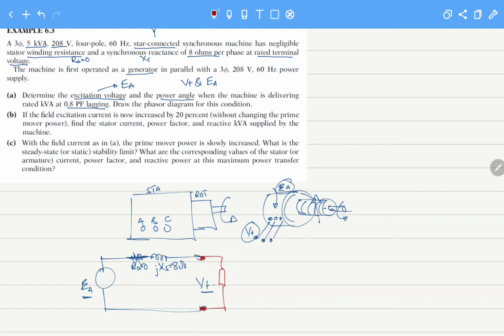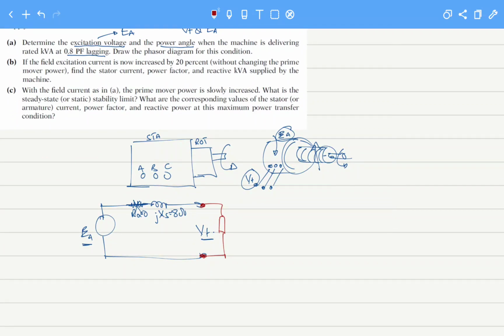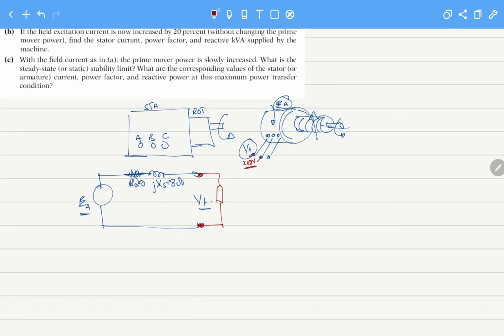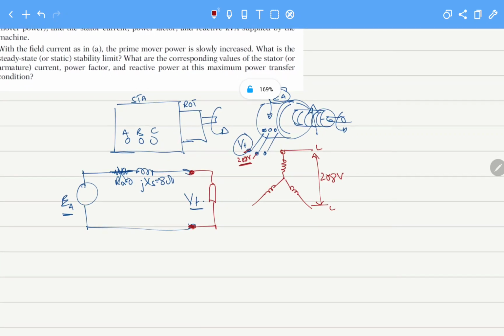So the output of the machine has a rated terminal voltage equal to 208 volts. That is the rated condition VT. But we realize the fact that this is a Y connected generator, so the rated terminal voltage is actually the line to line voltage. It is between two lines.